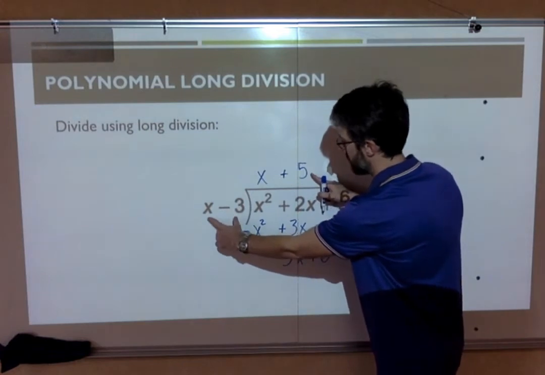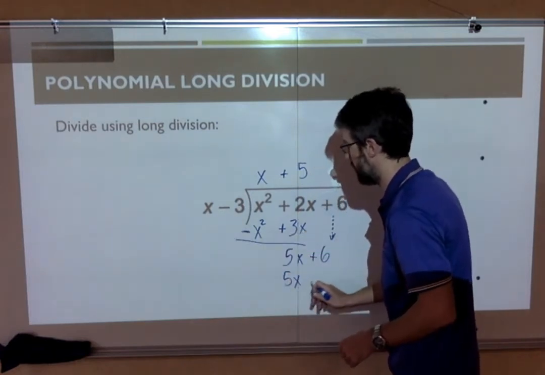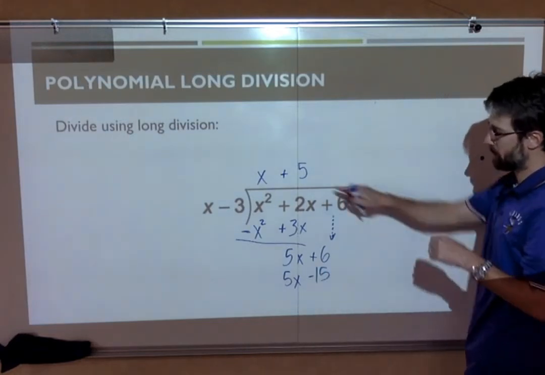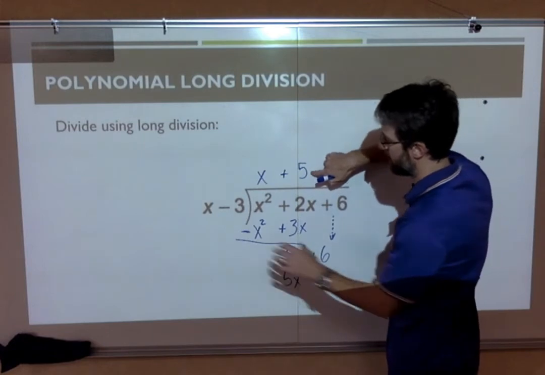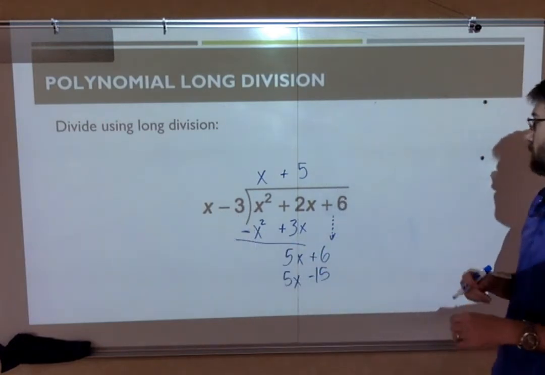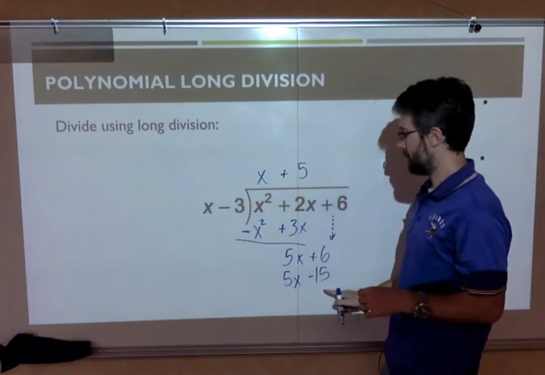5 times x minus 3 is 5x minus 15. So I just took that 5 and multiplied it by the whole thing here. Same thing that you would do in any long division problem. 5 times this, 5x minus 15.